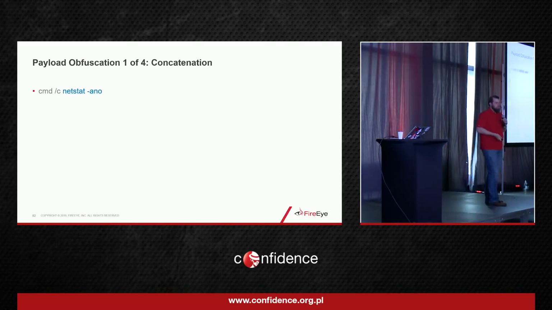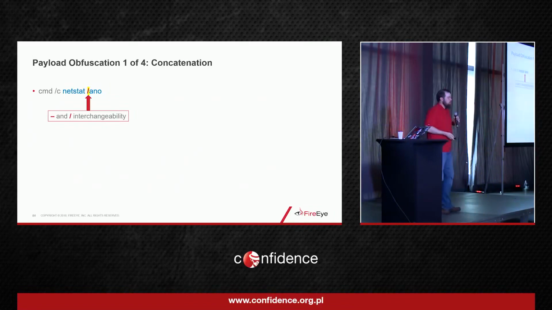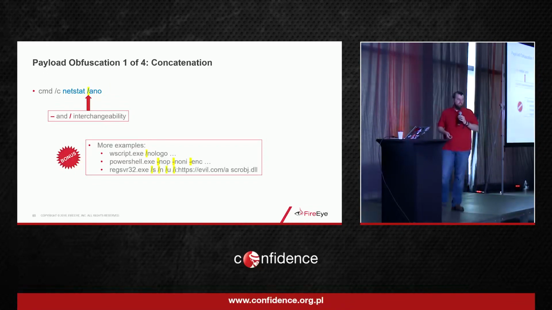So if we have cmd /c netstat -ano, fun fact, you can change that -ano to /ano. And it's not just with netstat. As a defender, you have rules that are looking for WScript with /nologo, because that could also be -nologo, or it could be //nologo.